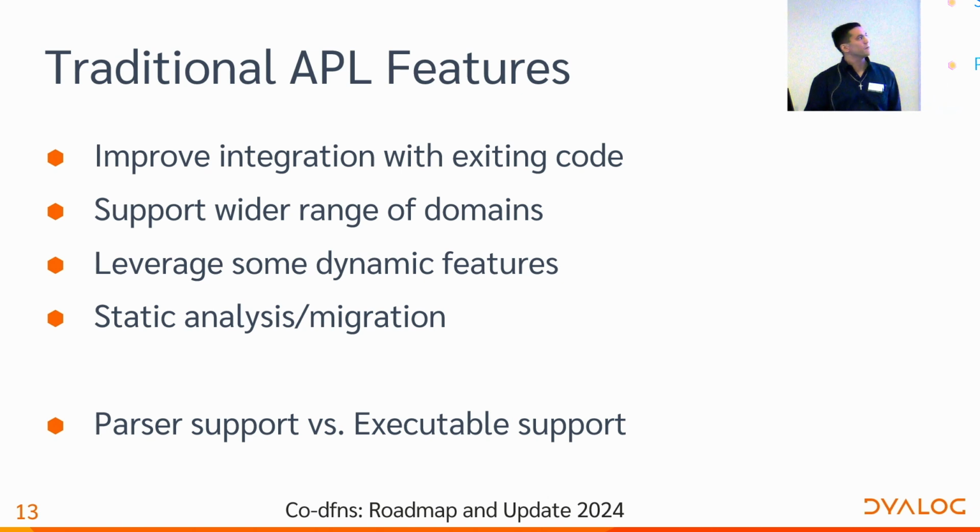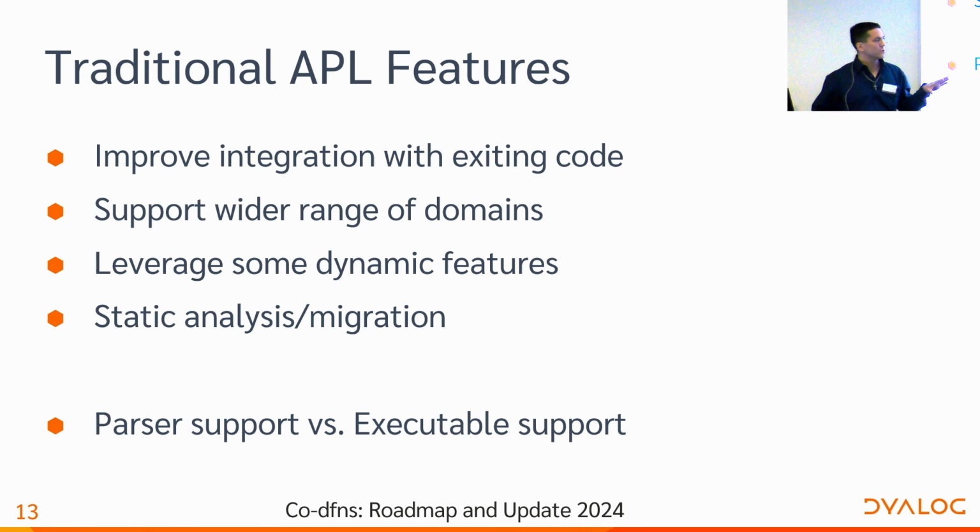And sometimes Trad-fns can provide really useful dynamic features that you want to leverage. We would like to take advantage of that even in some normal, typical cases. But supporting all the traditional APL features has never been an explicit goal of Co-dfns. The way we're looking at supporting these traditional features is to split the support into two categories.